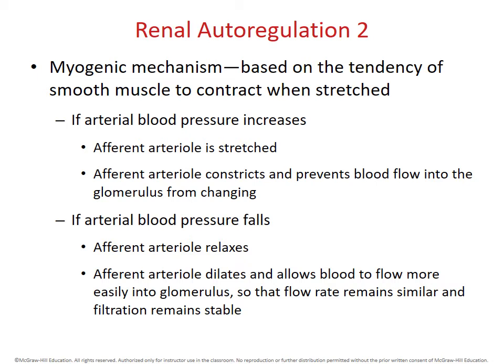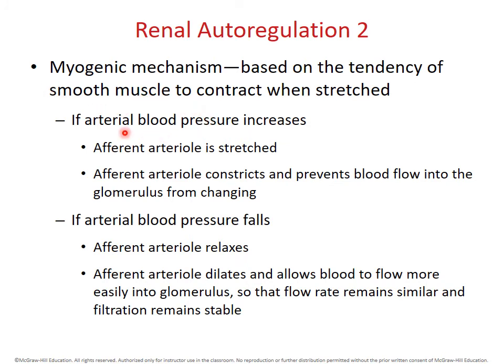In this particular case, the smooth muscle making up the tunica media of the afferent arteriole tends to contract when it is stretched. And that's really the basis of this myogenic mechanism. Of course, myogenic means created by muscle. And so we're talking about a mechanism that is created by the smooth muscle in the afferent arteriole.